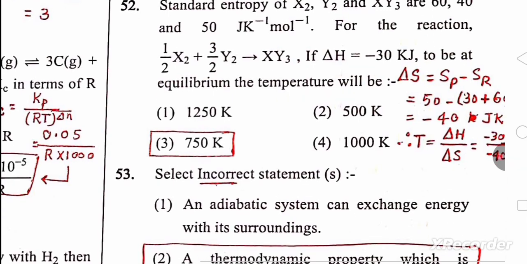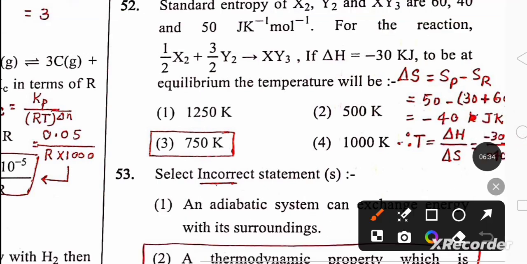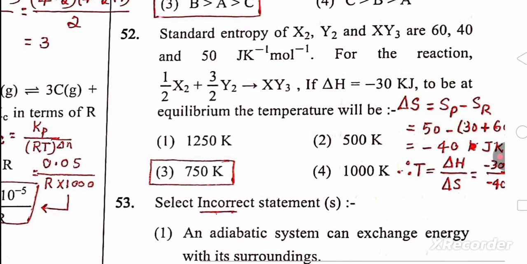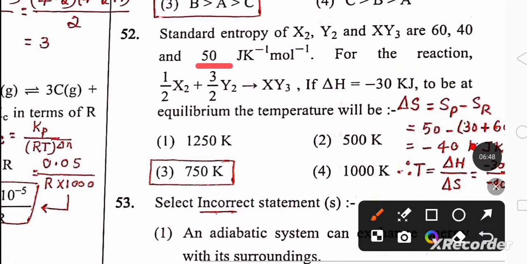So first, using the entropy values, we will find delta S. Delta S is equal to Sp minus Sr. Sp means entropy of product. Product is XY3, 1 mole, and the XY3 entropy value is given, that is 50.